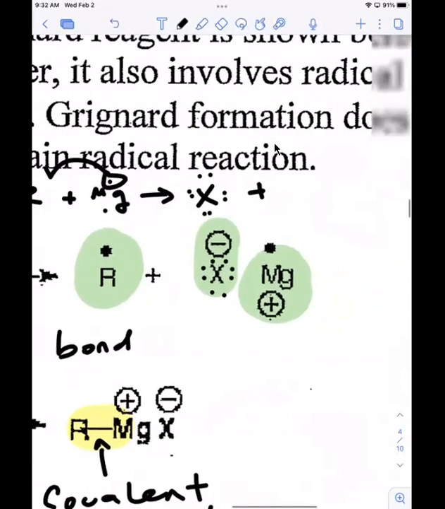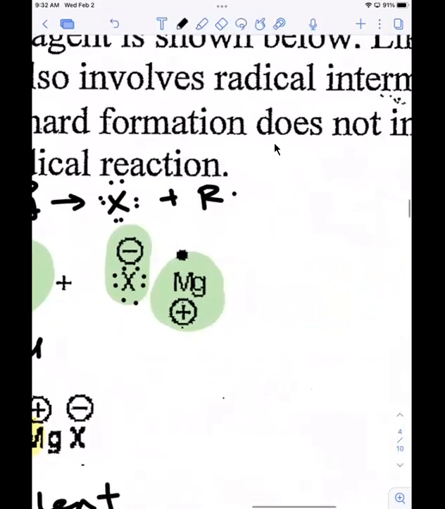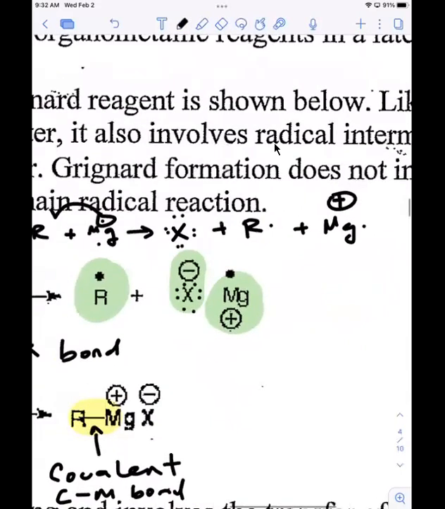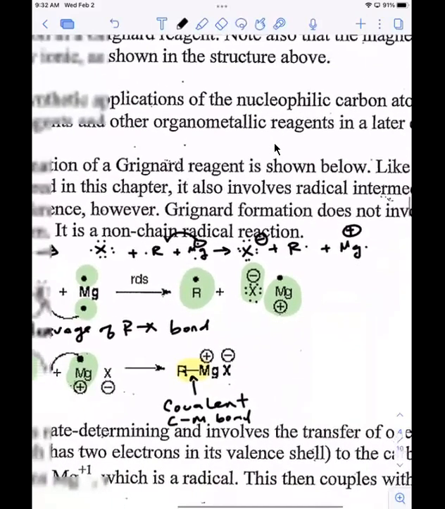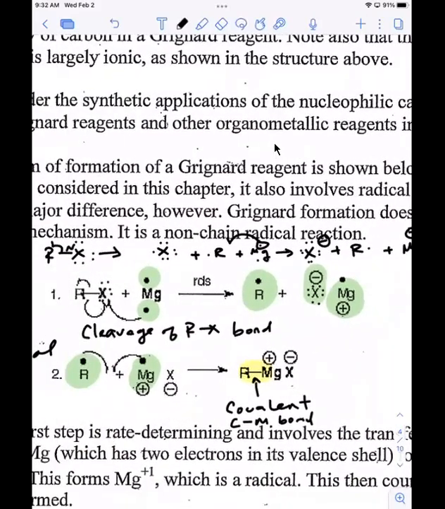You end up with this, plus R dot, plus Mg dot with a plus charge, and this is now negative. So it had 3 lone pairs, took 1 electron from the bond, giving it 7 electrons, and then magnesium gave it an electron, so that gave it 8. That's how it has a -1 charge.